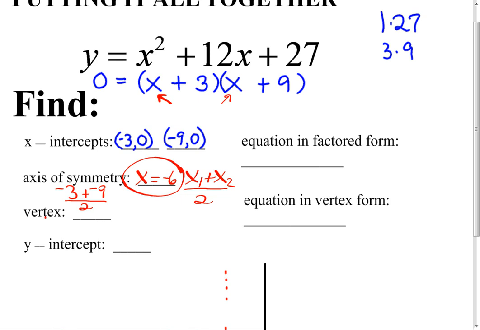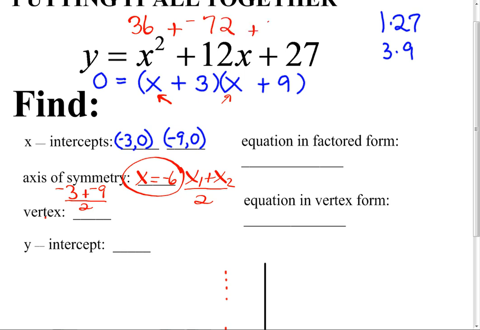What if I put negative 6 in for x squared? I'm going to square it. What do I get? Negative 6 squared is 6 times 6, 36. Good. Now, plus, what's 12 times a negative 6? Negative 72.